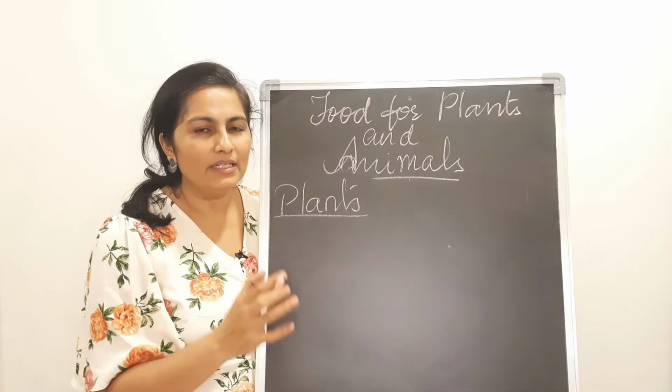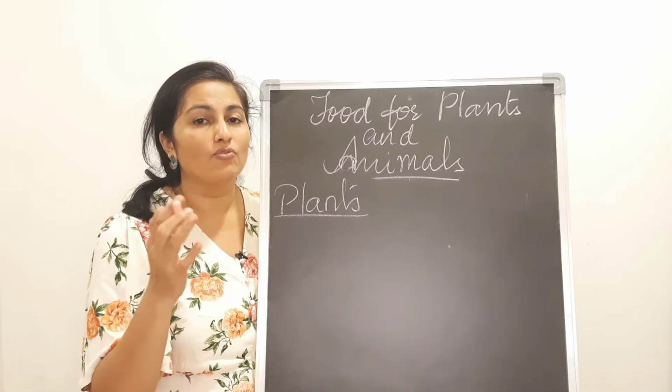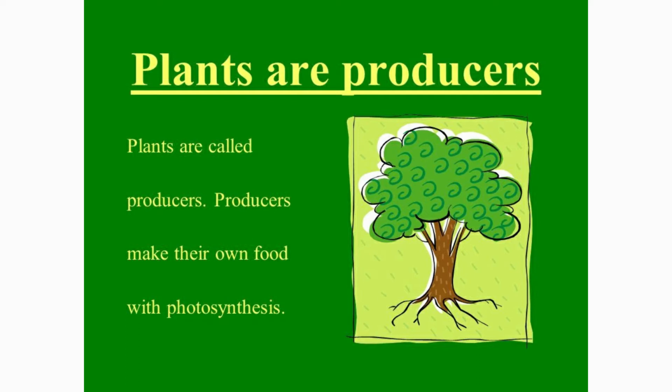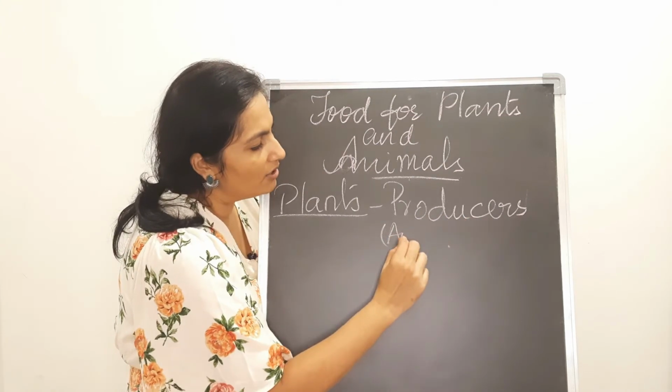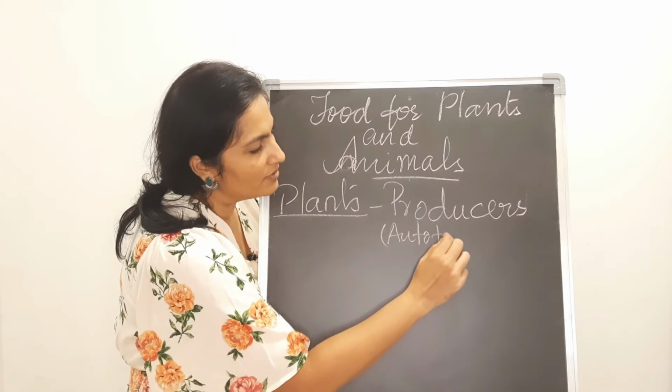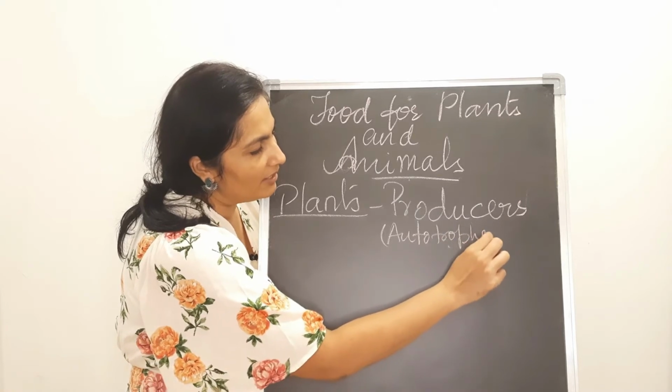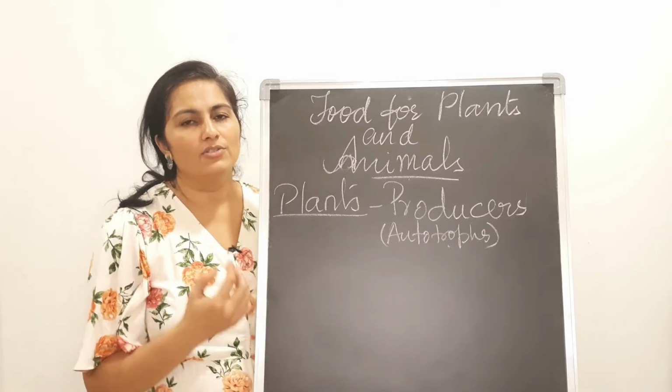Plants are the only living beings that make their own food. So that makes them producers. They produce food, or otherwise the other name is autotrophs. They are also called autotrophs.